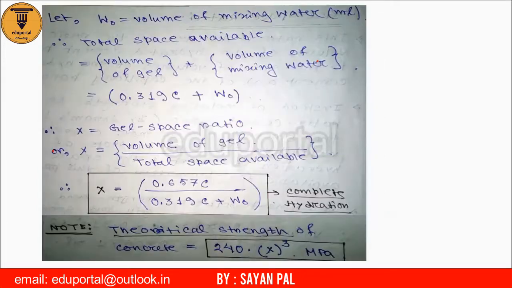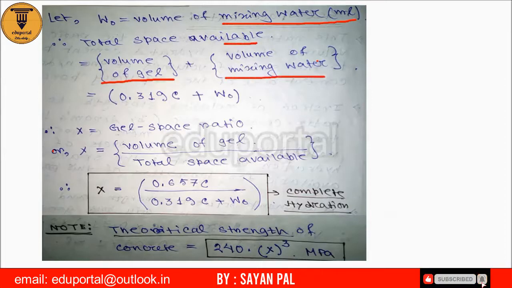Now suppose W0 is the volume of mixing water. The total space available is equal to the volume of cement plus the volume of mixing water: 0.319 into C, where 0.319 is the specific volume and C is the weight of the cement, plus W0, the volume of mixing water. So this is the total space available.